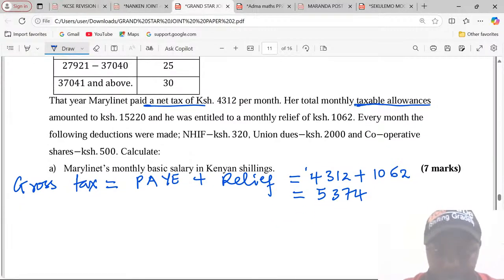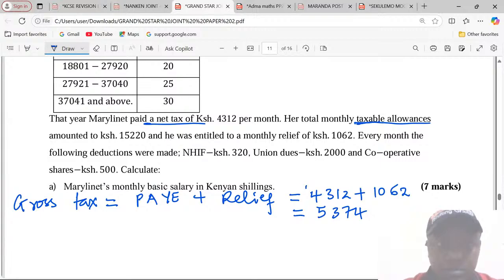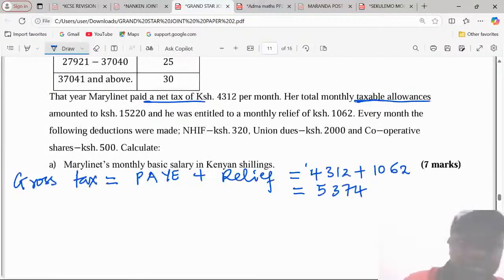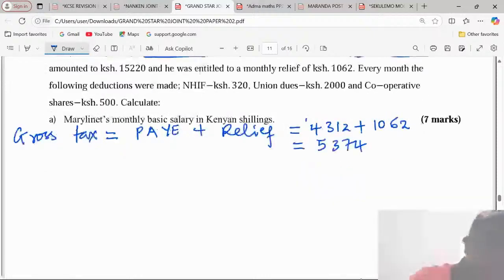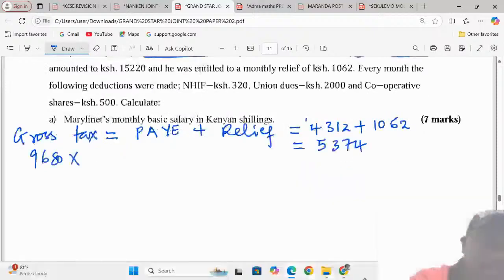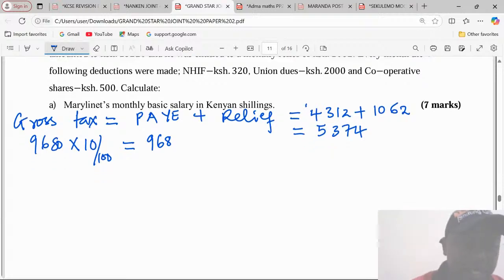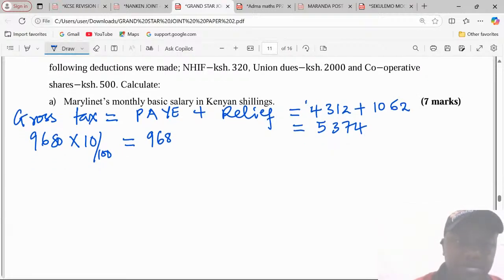5374. So we begin in the first bracket, 9680. So the first 9680 at 10%, and this shall give us 968. So from the first bracket, there is a tax of 968.